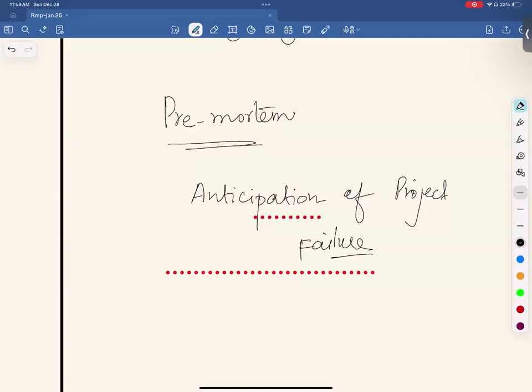Pre-mortem means before somebody dies, you diagnose potential causes of death. And in post-mortem, you identify causes of death after somebody's dead. So you do a pre-mortem of your project, where you identify potential causes of failure so that you address them earlier.